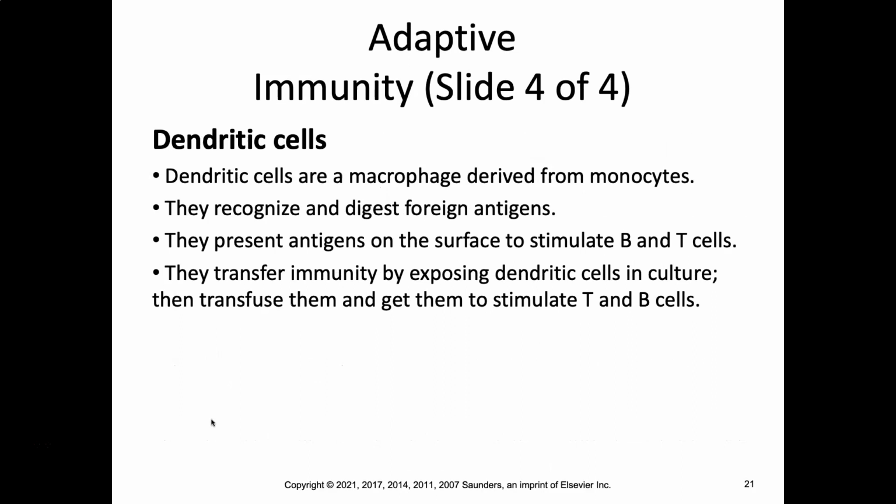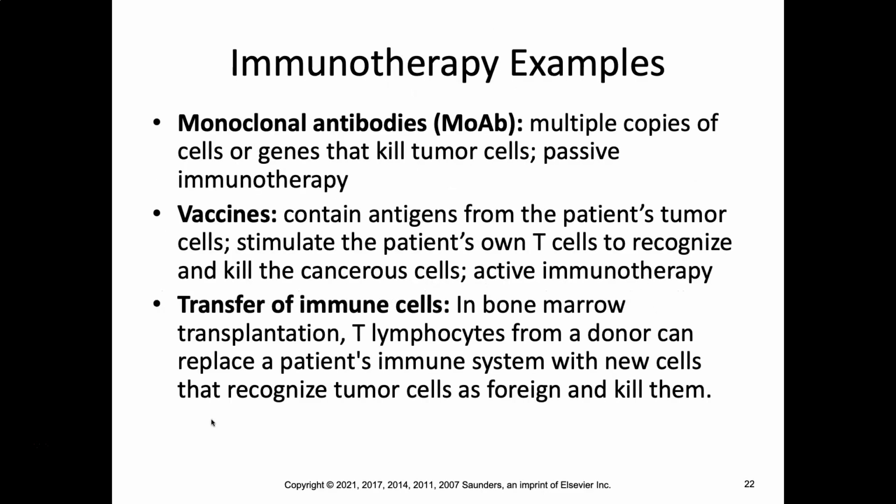And then another part of your immunity is your dendritic cells. Your book should really go into a lot of detail on this. Make sure you understand about vaccines, what they do. And I think it's important to understand about the transfer of immune cells.